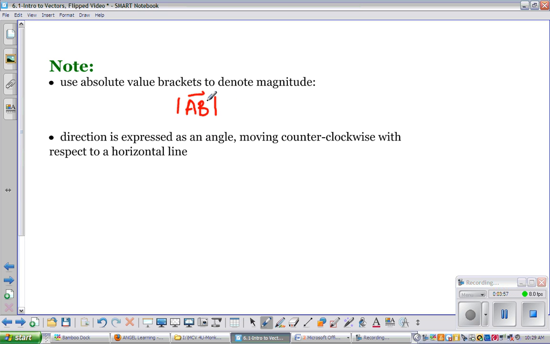Those straight lines on either side of the vector give you the size of it, how big it is. Also, the direction is always measured counterclockwise from the horizontal, just like we did on the other side.